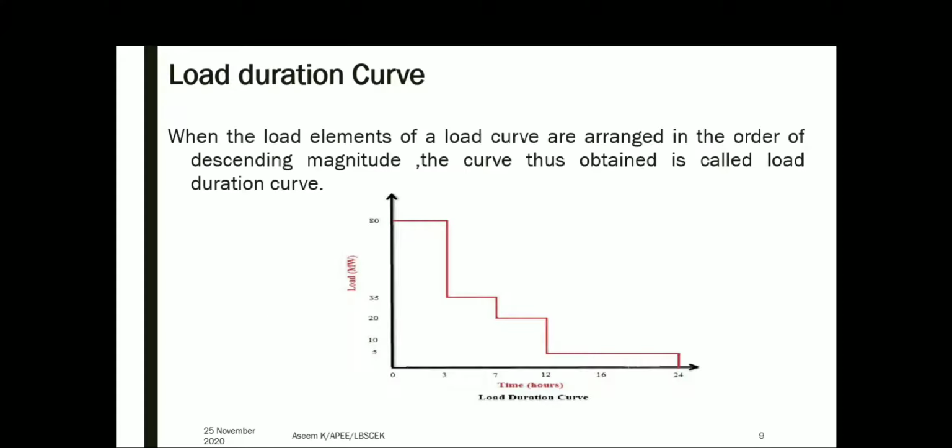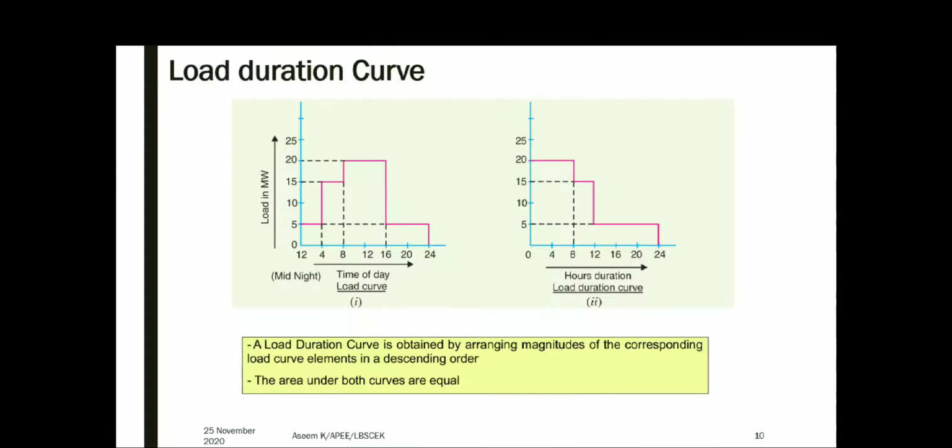You can see one such load duration curve. Here you can see the high value of the load, 50 kilowatt is the peak load. Then it reduces to 35, then 30, 10, 5, etc. So it is arranged in a descending magnitude of the load, which is known as a load duration curve.